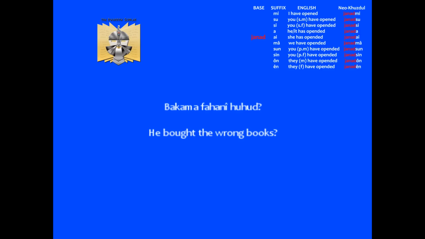Our question here, of course, is why did Master Gimli use the perfect tense, as if he was sure Disi's brother bought the wrong books, while earlier he says he thinks her brother bought the wrong books. Well, this is an example of being sure about something yet trying to remain polite by using the verb to think, as using bakama fahani huhut could be considered a bit direct, meaning he bought the wrong books.